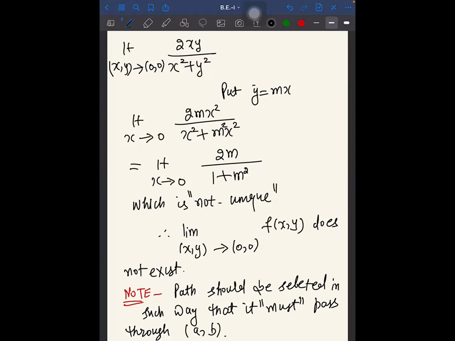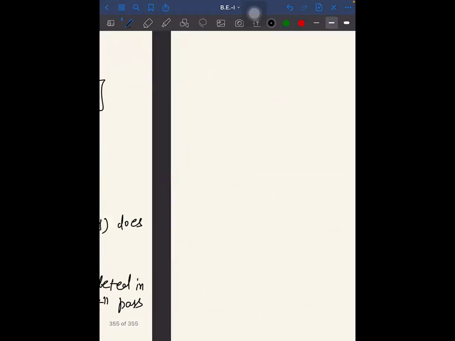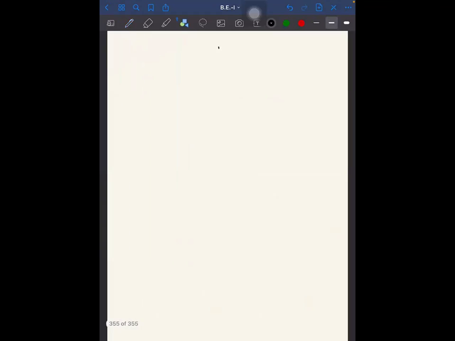So if I'm talking about, let's say, y is equal to mx, and I'm considering the point to be 0, 0. That 0, 0 lies on this or not? Yes, sir. Lies. Right? So geometrically it means, if you are checking the limit at a point, the path must pass through this point.